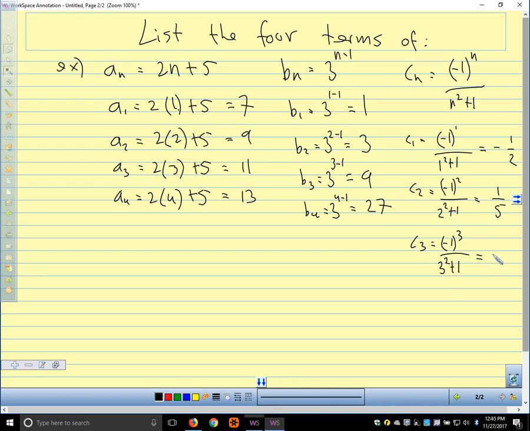Negative 1 to the 3rd is going to be negative 1, and we get a 10 in the denominator. And c sub 4 is negative 1 to the 4th over 4 squared plus 1. We have an even power, so that's going to be positive 1/17. So we get our signs alternating: minus, plus, minus, plus.